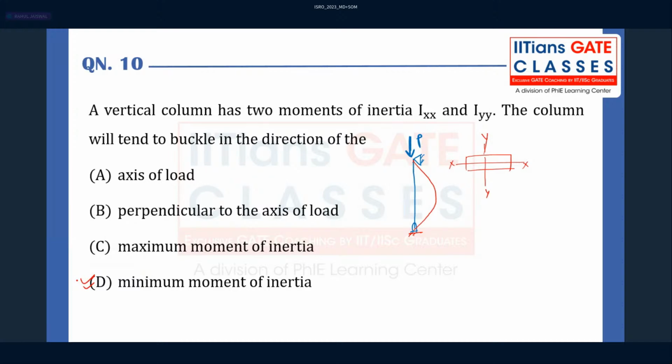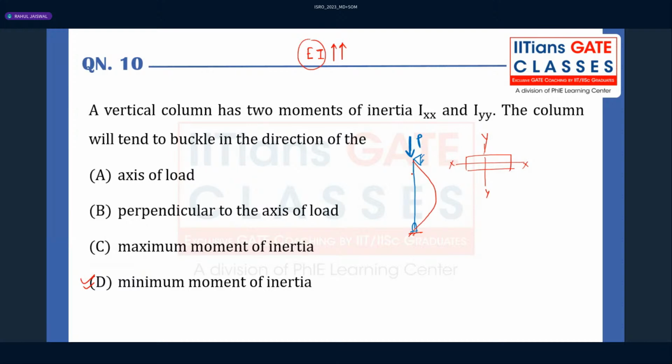The more moment of inertia, the more stability of the material. That's why whenever we say flexural rigidity, the higher the EI value, the more the bending strength. That means it is very difficult to deflect by the bending moment.